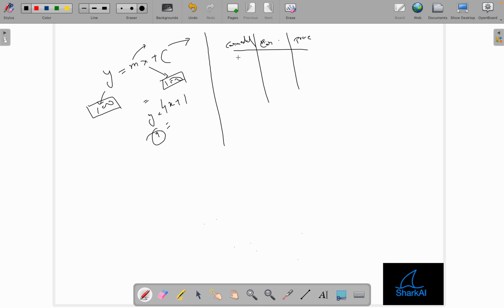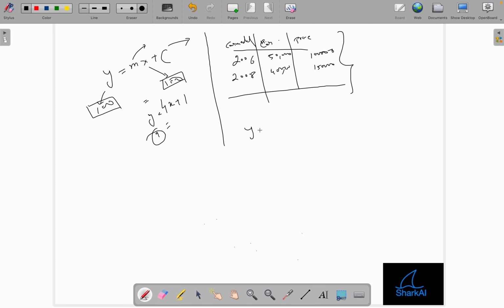Suppose the car model is 2006, it's 50,000 kilometers, and the price is 1 lakh rupees. Then 2008, 40,000, and 1,50,000. These kinds of samples you will be given.